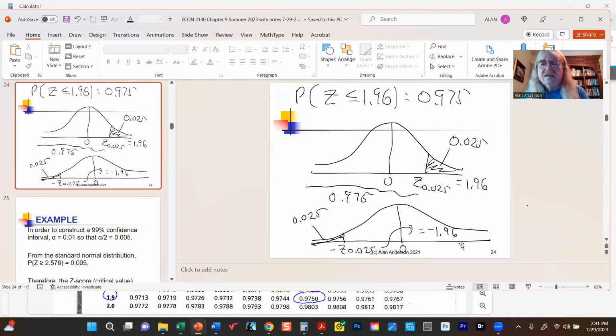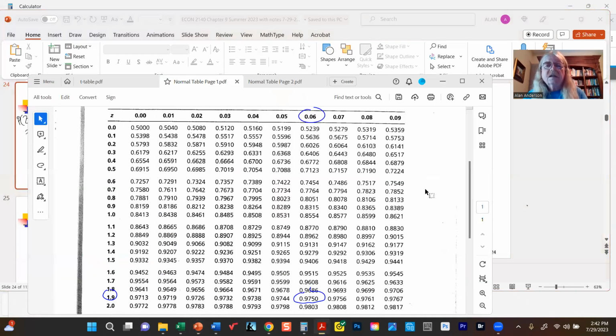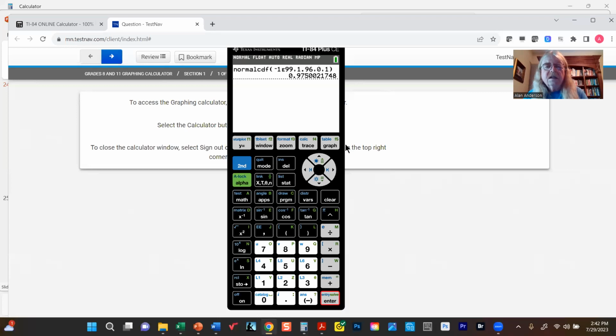Negative 1.96, the probability of being below that should be 0.025. Let's go prove it. All you have to do is change the sign. Let's go back to the distribution, number 2, and change this to a negative. And let's see what happens.